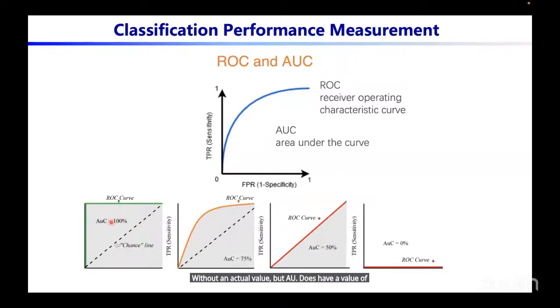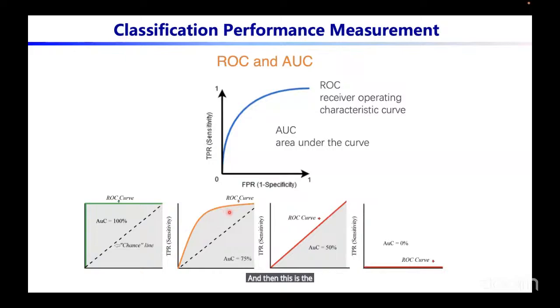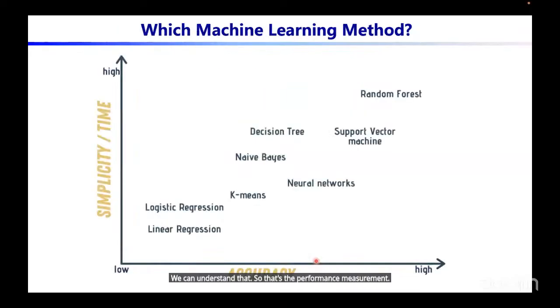So 100% means the total area of this square. This square area is 100%. And then this curve is 75%. This is 50%. This is what we can understand. So that's the performance measurement of any AI model.